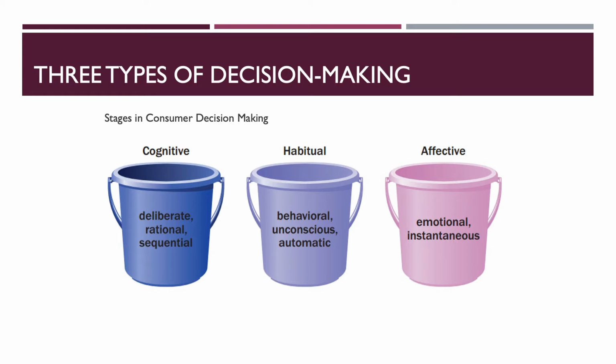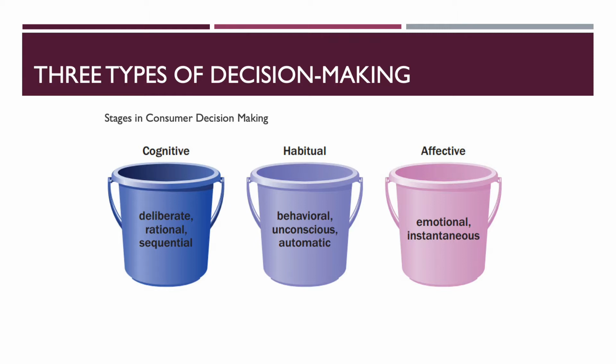When you look at the slide, you see three buckets of consumer decision making: cognitive, habitual, and affective. The cognitive bucket is our deliberate, rational, sequential choices. Habitual decision making is our behavioral, unconscious, automatic choices.